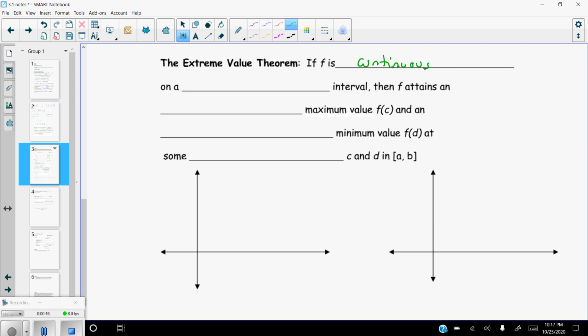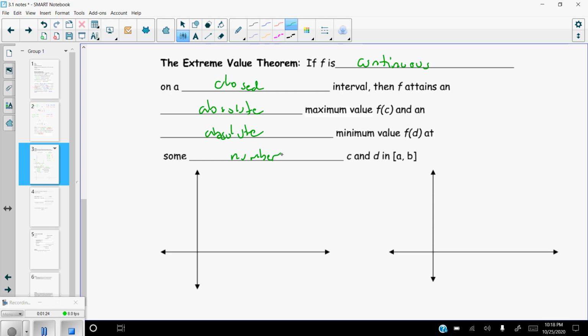If f is continuous on a closed interval, meaning that the endpoints are included, then f attains an absolute maximum value, f of c, and an absolute minimum value, f of d, at some numbers c and d in the closed interval a to b. It might not make a whole heck of a lot of sense, but really this is all it says.